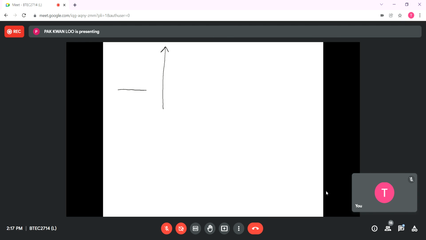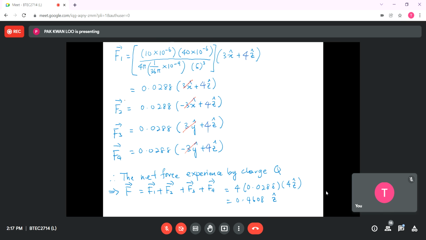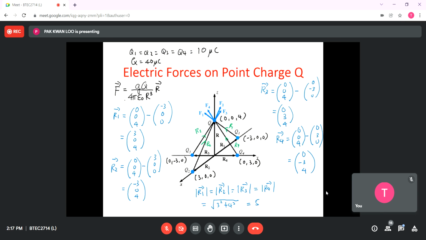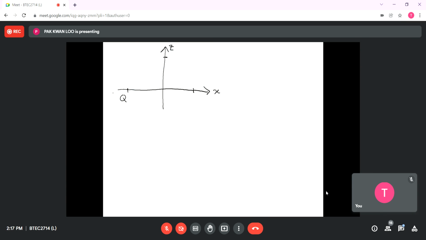Let's say this is the z-axis, and this is the x-axis. So this is Q1 and Q2.